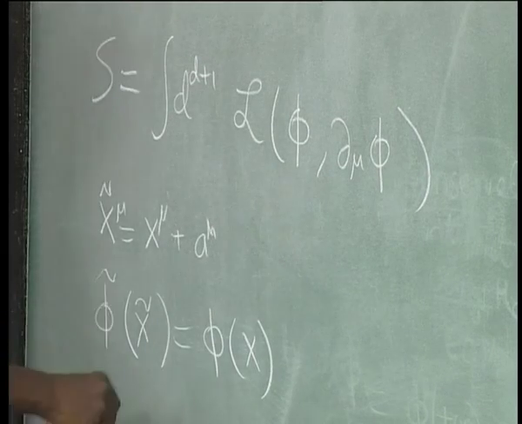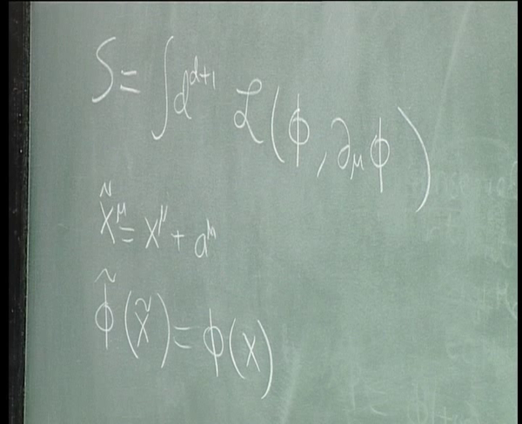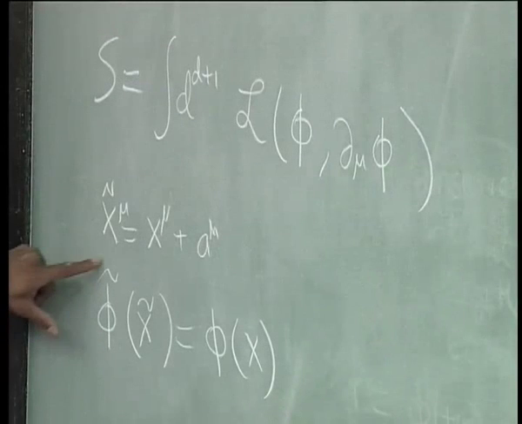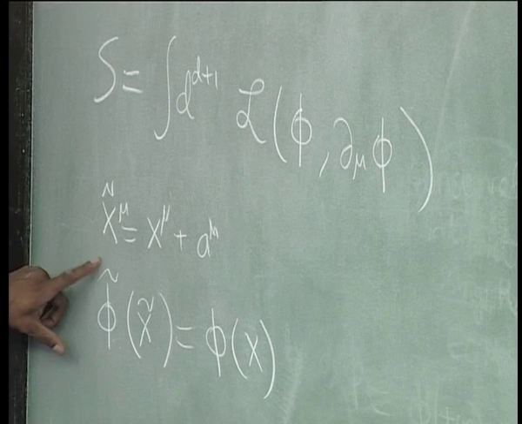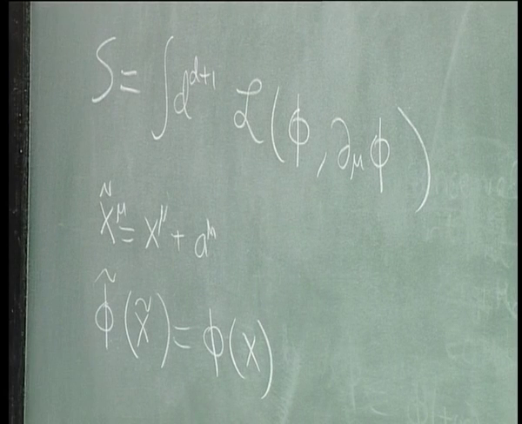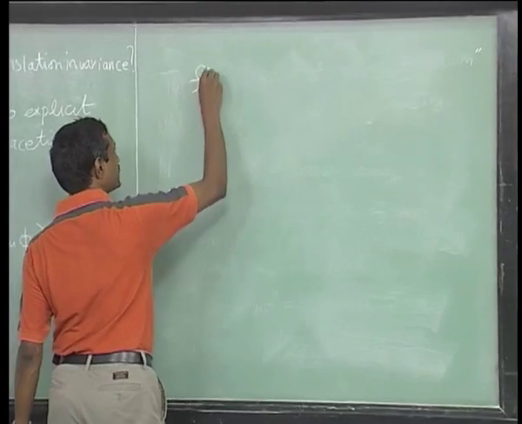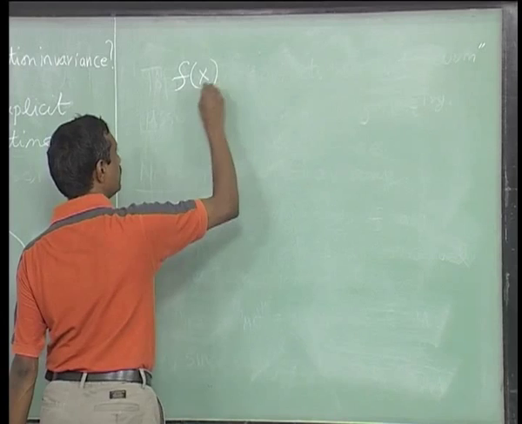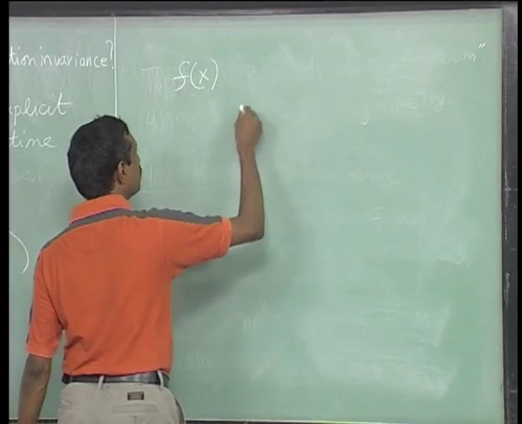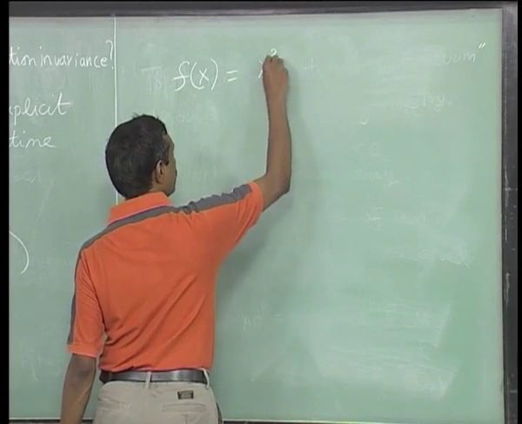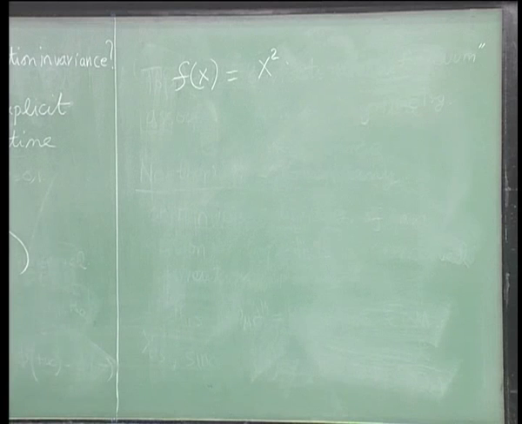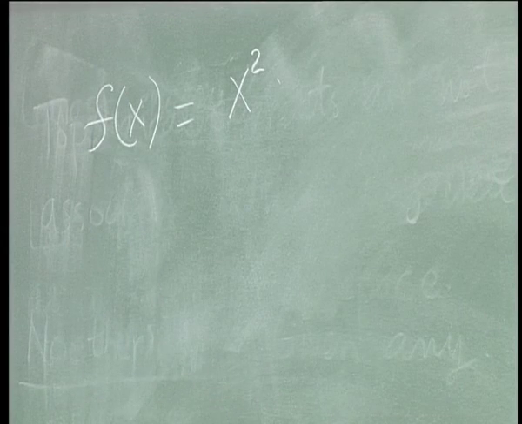Let us just take a simple example to understand what we mean by this. The tilde on the coordinate is just the coordinate change, but the tilde on the function indicates that the function has changed. Suppose you have just a simple function f of x in one dimension, let us say it is x square, and you change its argument, then you get a new function.